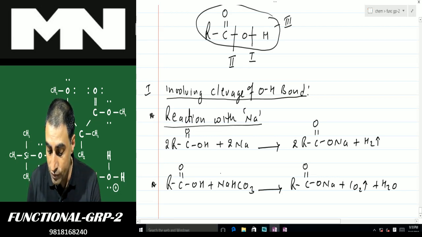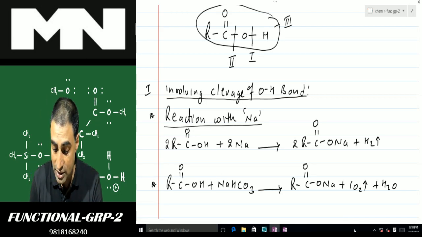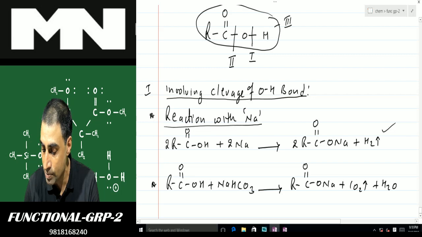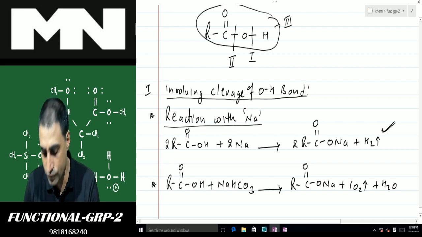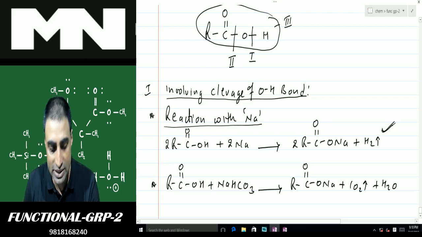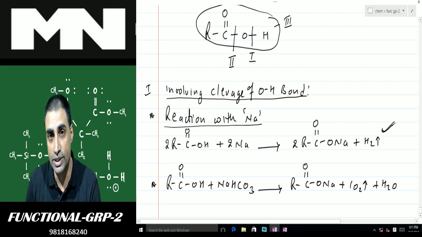When we talk about the first reaction, this reaction is very important here. What we are doing is reactions involving cleavage of the oxygen-hydrogen bond. And you can see that Na positive is substituting H positive. The compounds which react with metals to give hydrogen gas are acids.